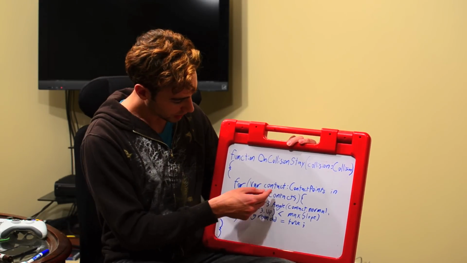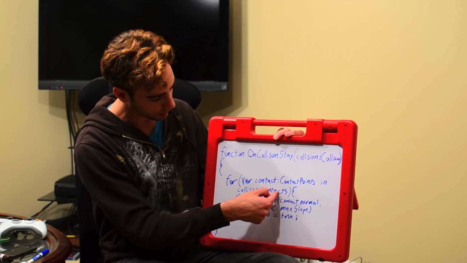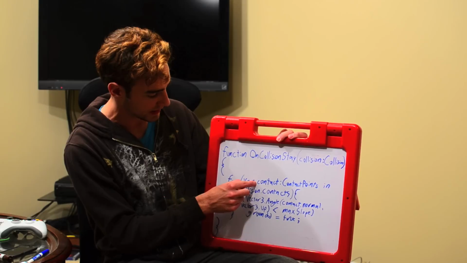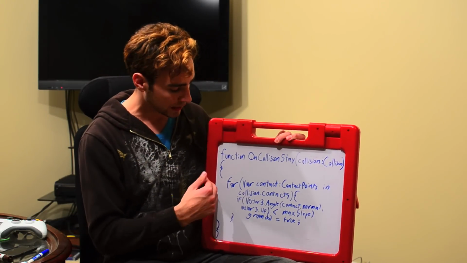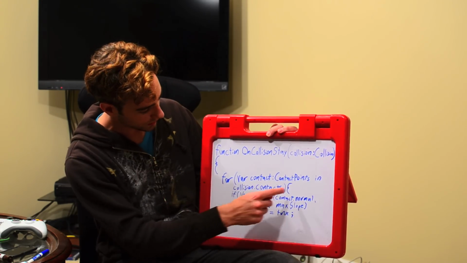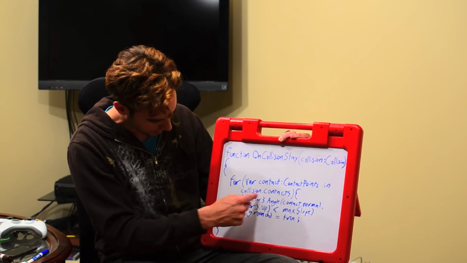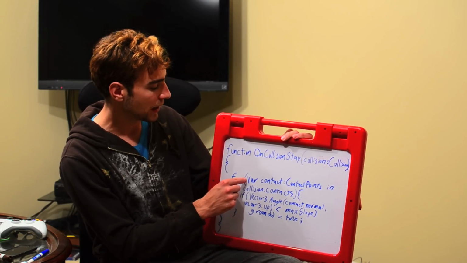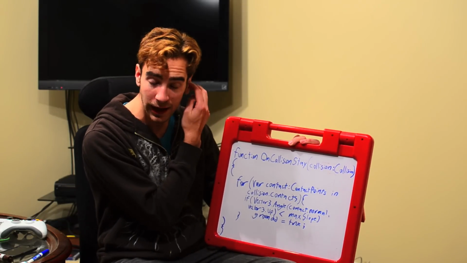That's why we are taking the contact points out of the contacts and saving each into a variable called contact, and we're testing the variable contact multiple times, so the for loop goes through that every time. And then we have an opening and a closing bracket for the for loop, so this code is going to be tested once for every contact that we detect.